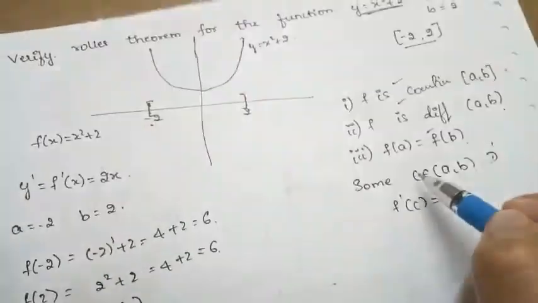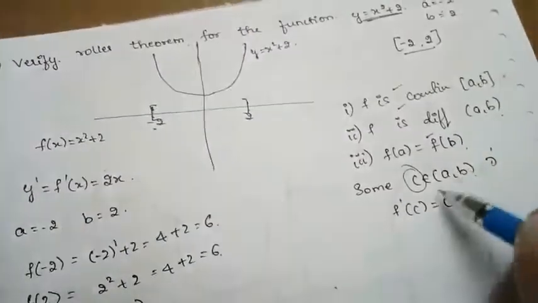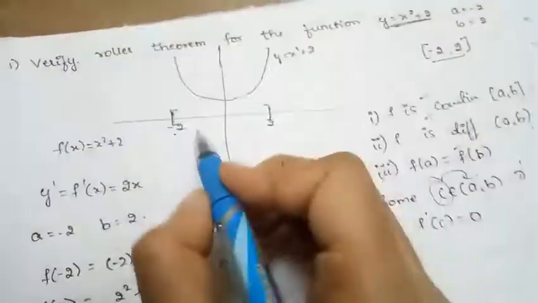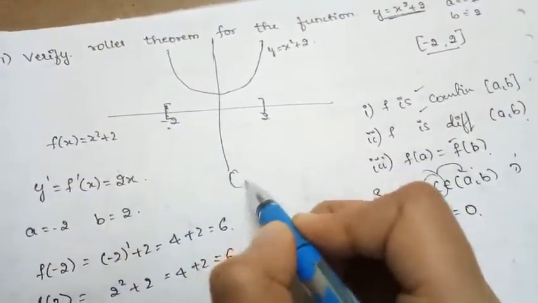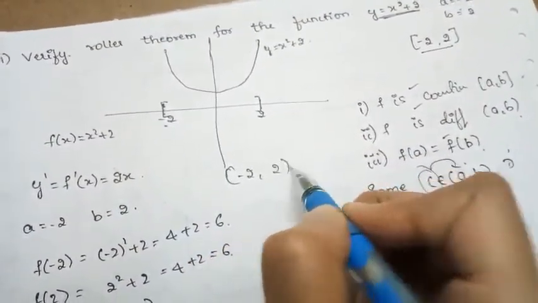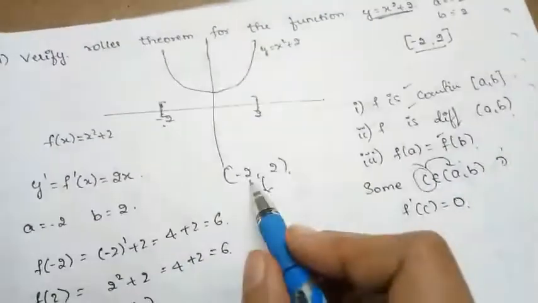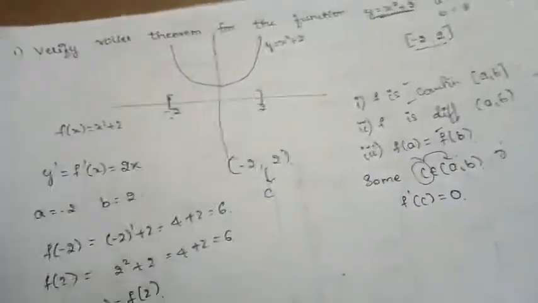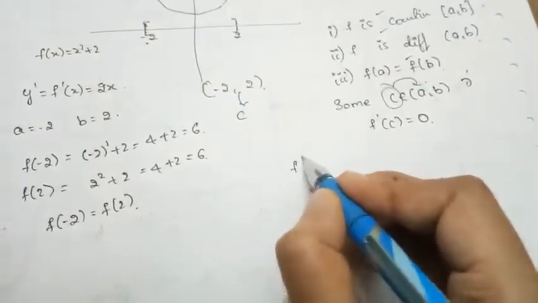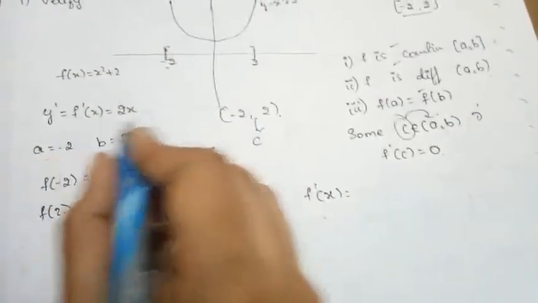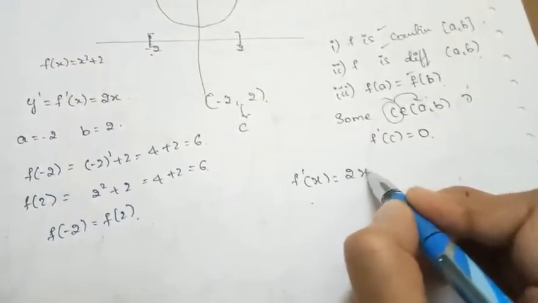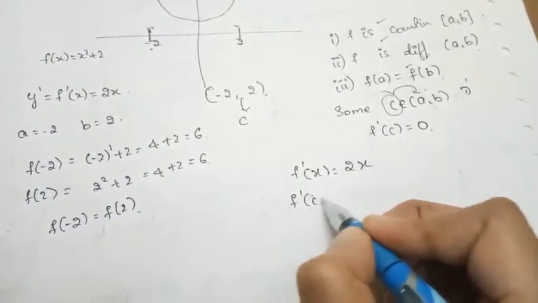So we need to find this c which is belonging to the open interval minus 2 to 2, such that f dash of c is equal to 0. So what is our f dash of x here? f dash of x is equal to 2x. So what does f dash of c we are going to get?